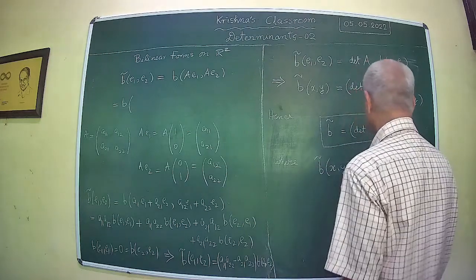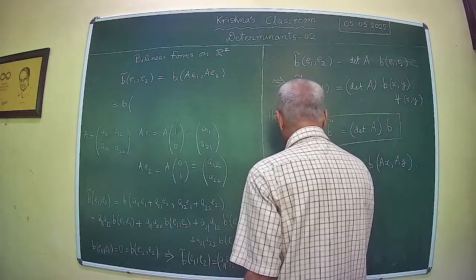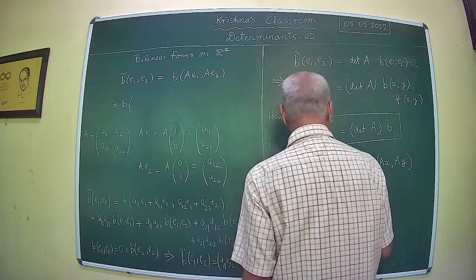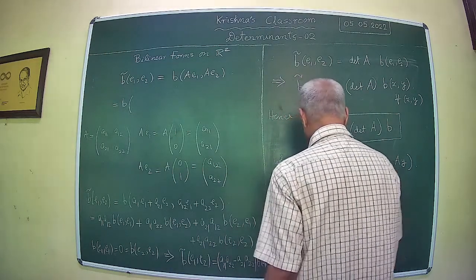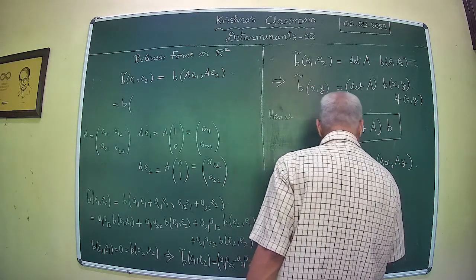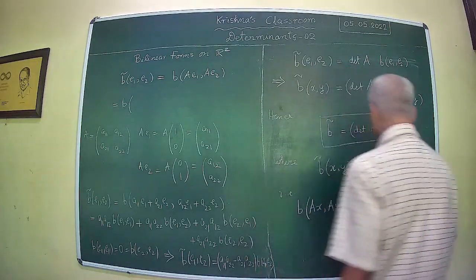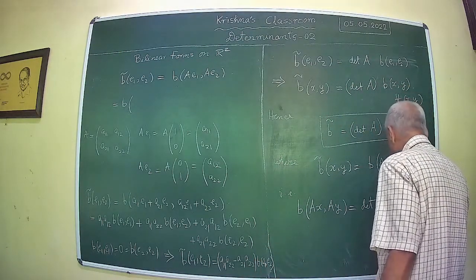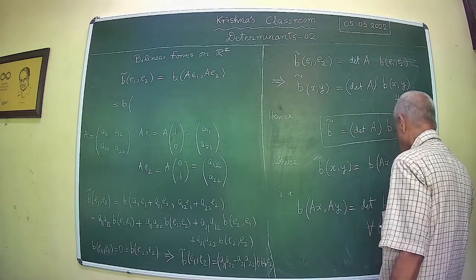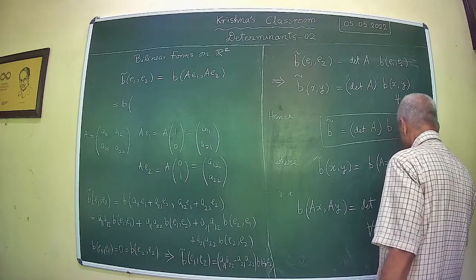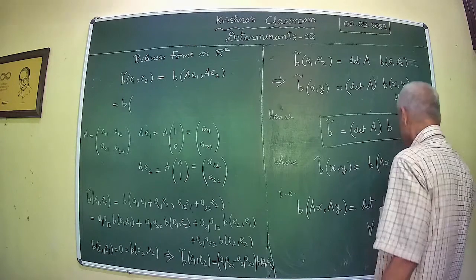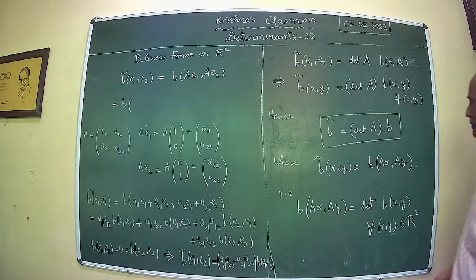Or in other words, this is what you have, that is B of AX AY equal to determinant of A times B of X Y. This is exactly what we wanted to prove.